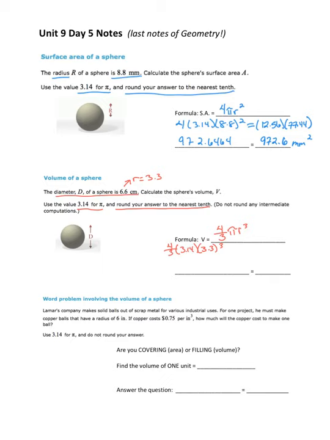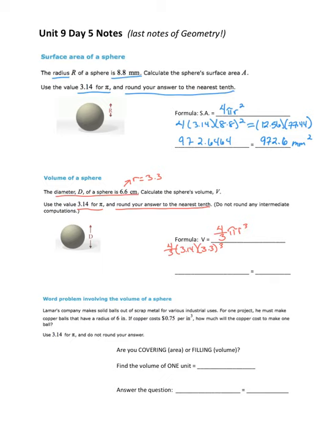So let's do 4 divided by 3 times 3.14. Oh, that's going to be fun. I'm just going to run this whole thing through because we're going to get some really, really long repeating decimals.